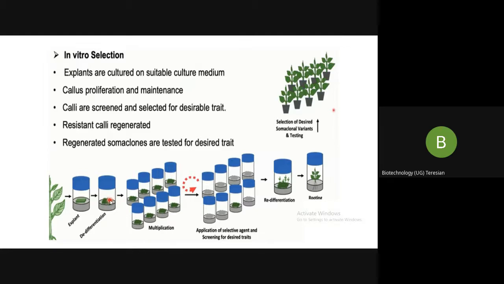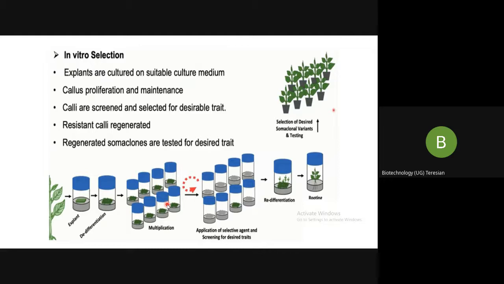The callus is developed, and several small pieces of this callus culture are separately put into different vessels and allowed to multiply. So the callus is maintained and proliferated, and enough callus material will be generated, which can then be used for selection.